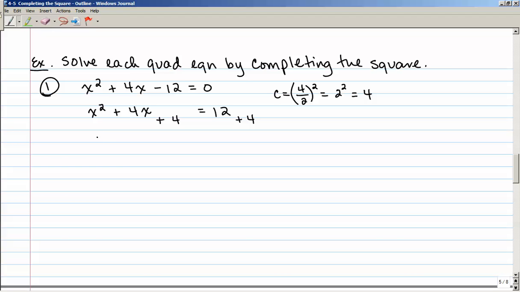So now I have x squared plus 4x plus 4 equals 16. And I know that the left side is a perfect square trinomial because I made it be a perfect square trinomial. And I know it will factor into an x, and since there's a plus in the middle here, then take the square root of c.